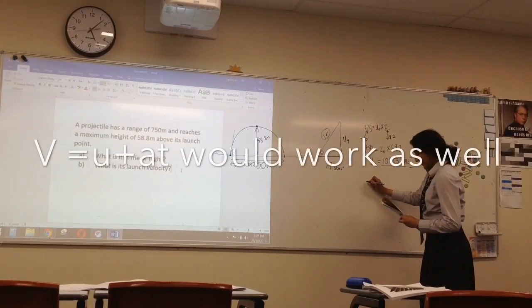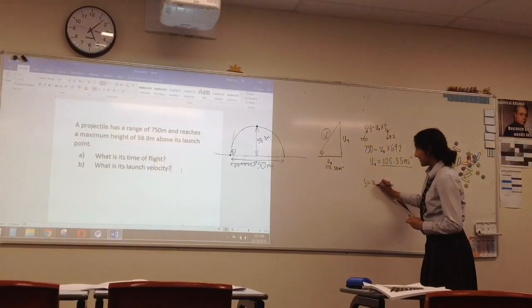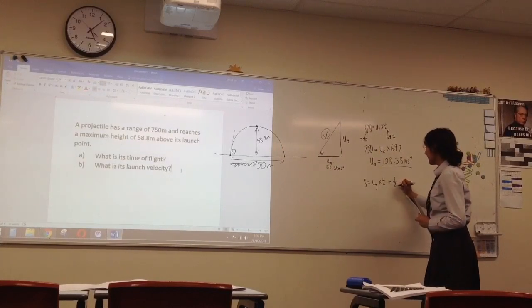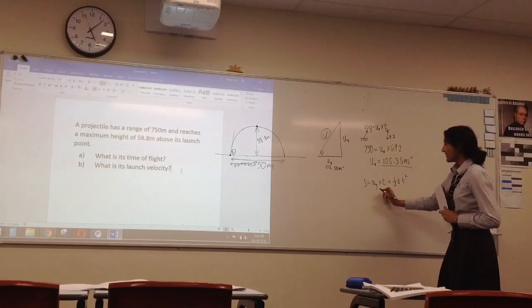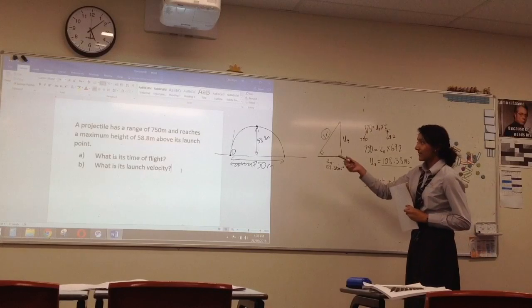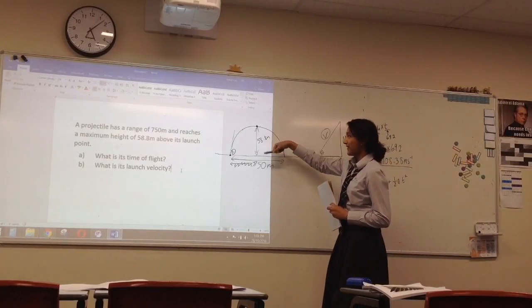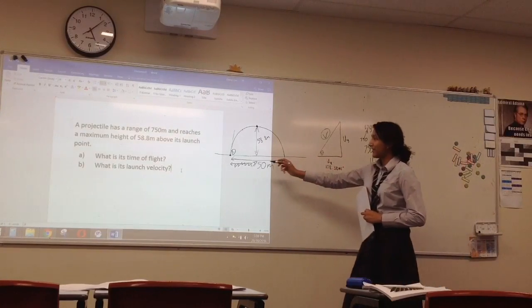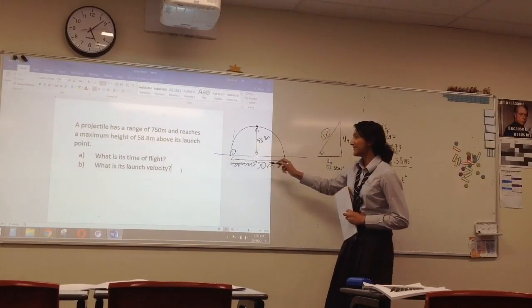Now all that's left is to figure out uy, and basically we can use S equals uy into t plus half a t squared. uy is unknown because we already know that S equals 58.8. However, that is at the maximum point. Because we're looking at the launching point, our S is actually 0.